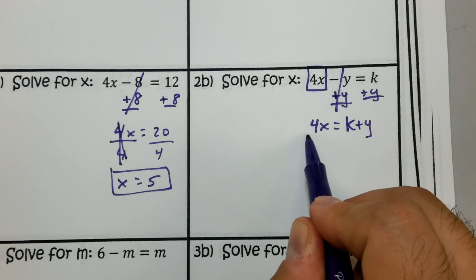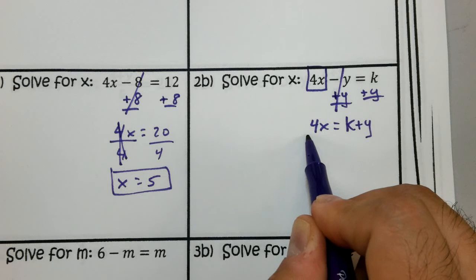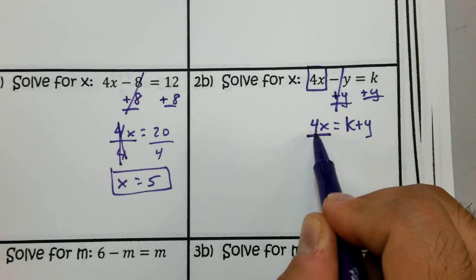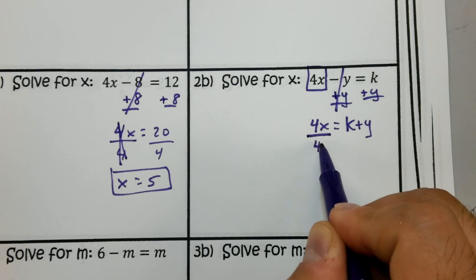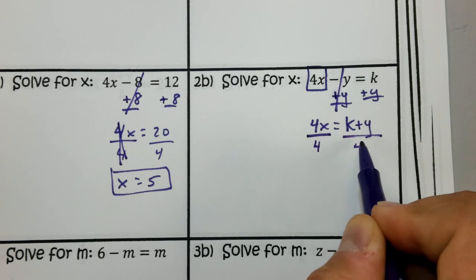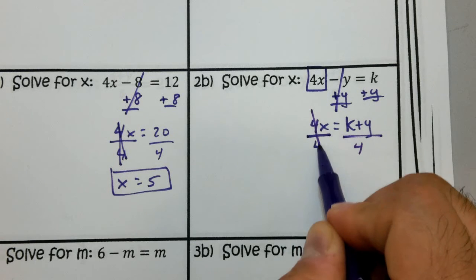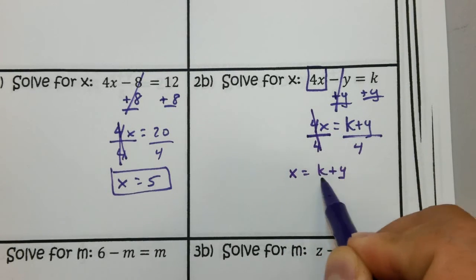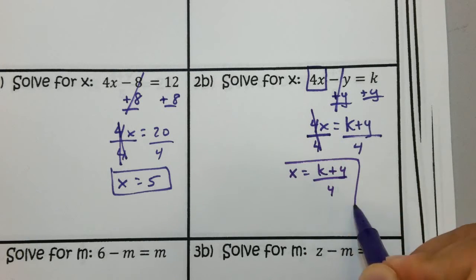I want x by itself, and that's when you're done. I have one more step to do. This is 4 times x, so the opposite of that is to divide by 4. I'm going to have to divide everything by 4. These will cancel, and I'm left with x equals k plus y over 4.